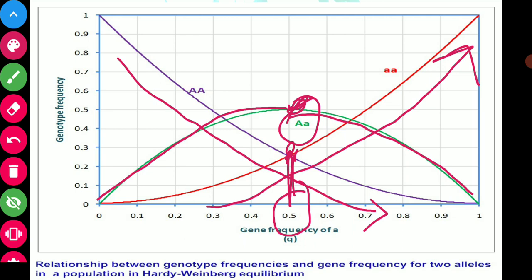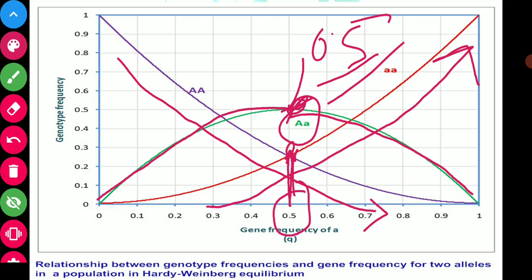At that time the frequency of the heterozygote genotype will also be maximum, and that will be equal to 0.5. We have already studied this, when I discussed that the frequency of the heterozygous genotype will be maximum at 0.5, that is half, and it will be 0.5 when both alleles have equal gene frequency of 0.5.